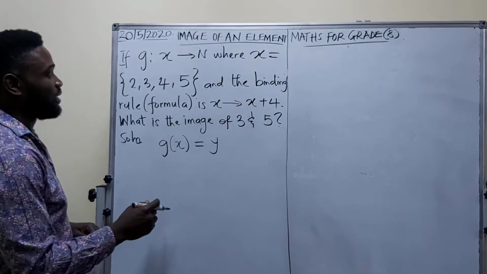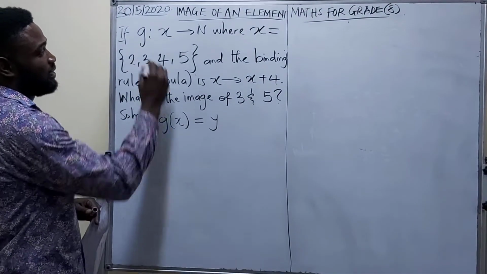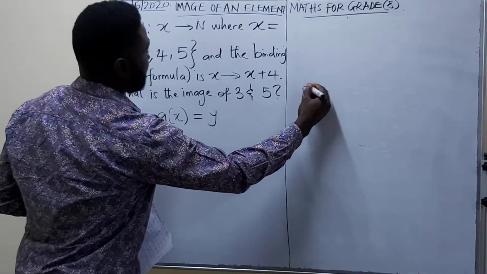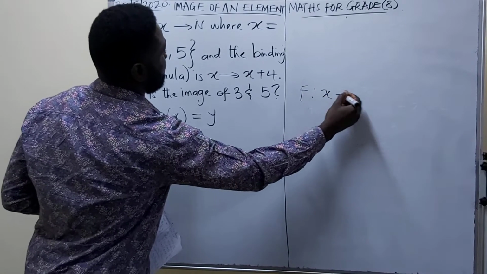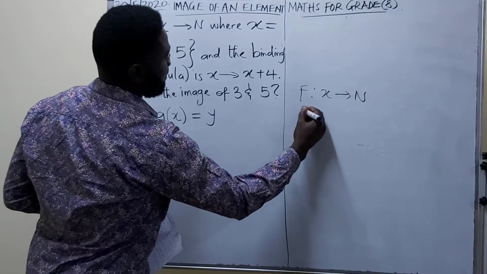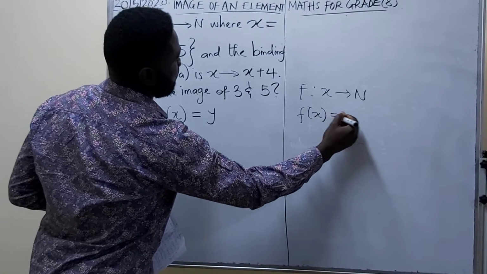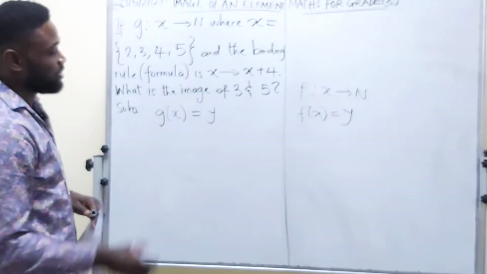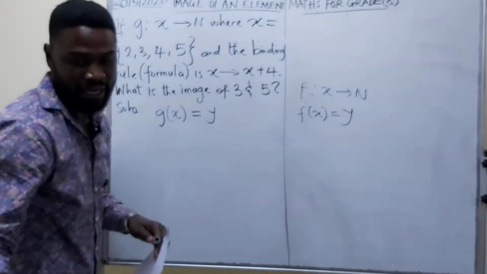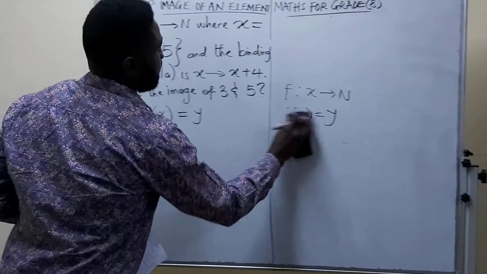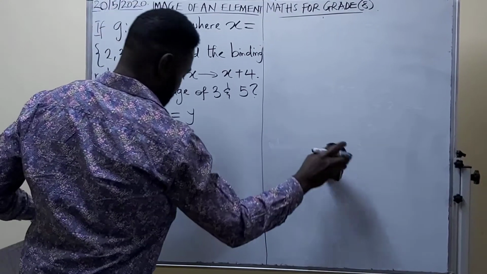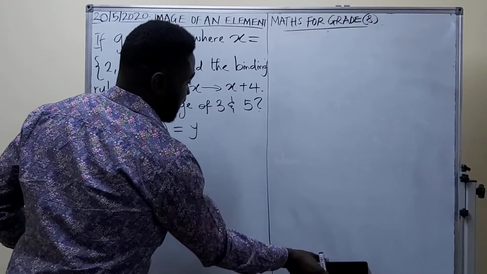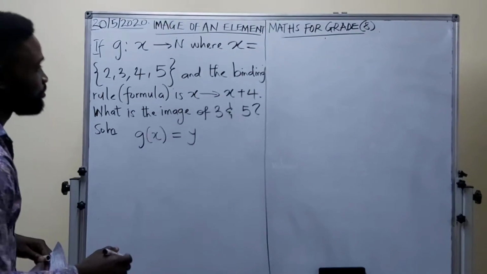Mathematically, okay? But if it is, for example, F such that X binds with N, it will still be F of X equals 1. But because the name of the application is G, that is why we have G of X here. I'm just trying to make sure you really understand what it is.